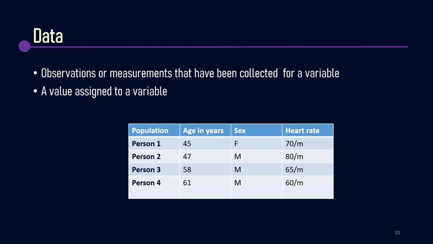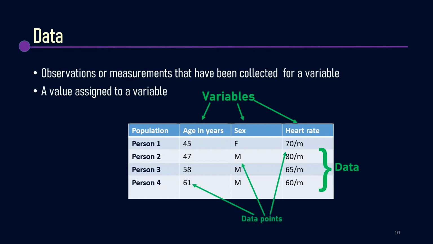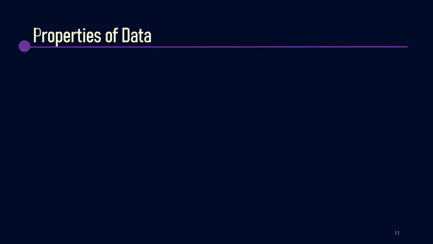This is the data, and the variables we described in the earlier slide, and these are the data: 70 beats per minute, 80, 70, 65, or 60, and all the female, male, and the numbers in years. This is collectively called data. And if you take these individual points, 61 is a data point, male is a data point, 80 per minute is a data point. And the entire set of things is called a data set. So the more data you have, the more information you can derive from the data.